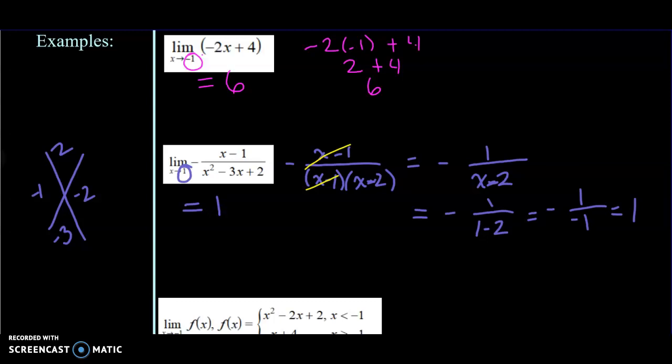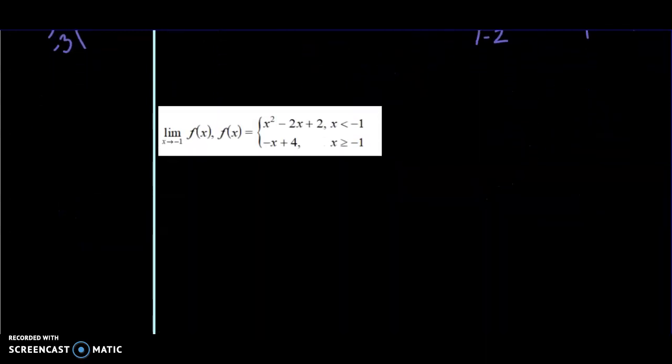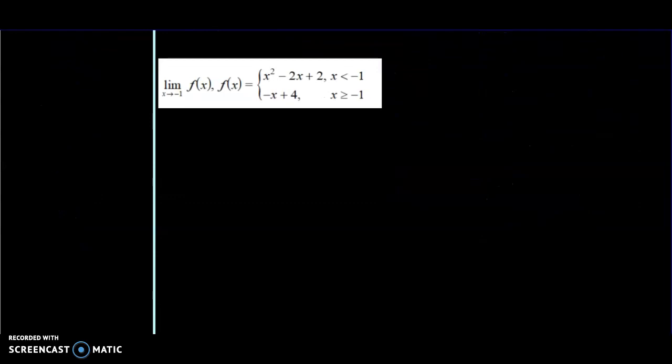And let's look at one more example. The third one, which is broken up into like a piecewise function, where I have the limit is -1. I know we've been working with -1 but they could be different values. And I have an f of x equals, coming from the left side when x is less than -1, I have this function on top, right?